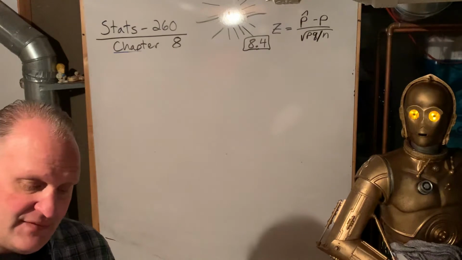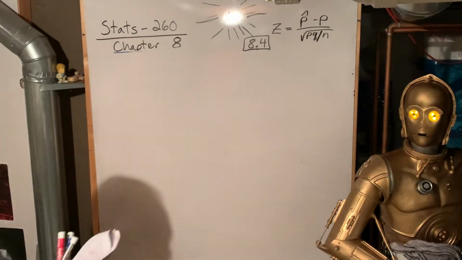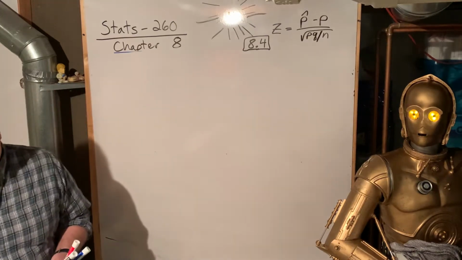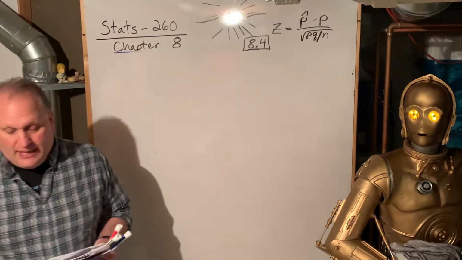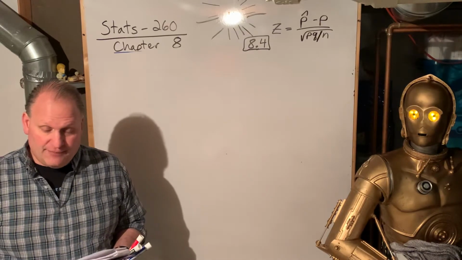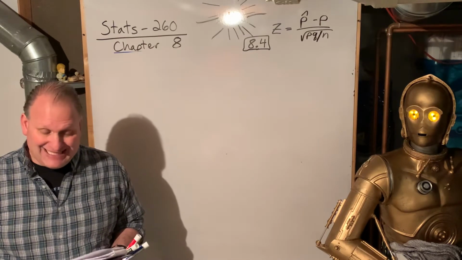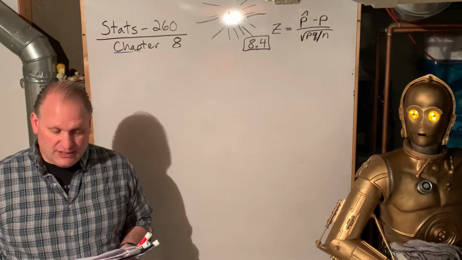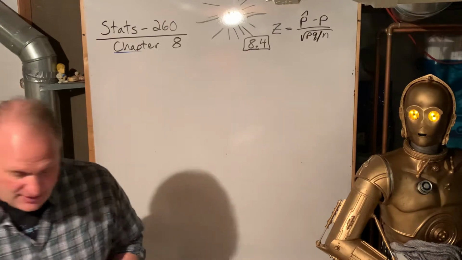To see if this is a valid claim, the statistician selected a random sample of 80 people and found that 55 were opposed to replacing $1 bills. At a 1% significance level, that's pretty stringent, test the claim that at least 77% of the population are opposed to change. All right?